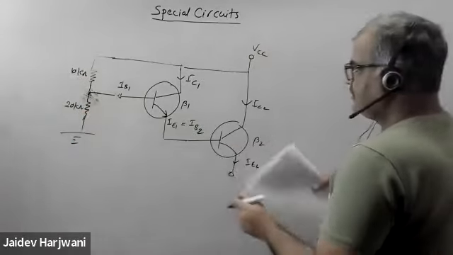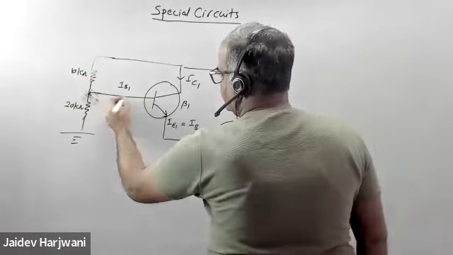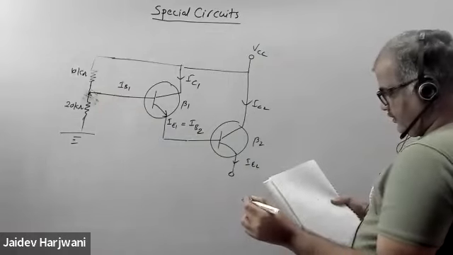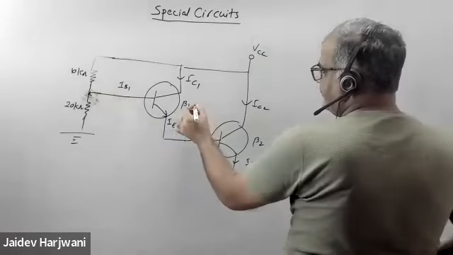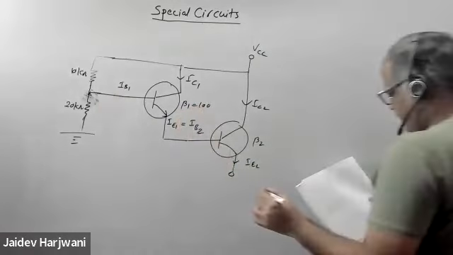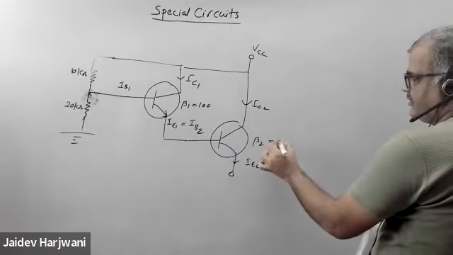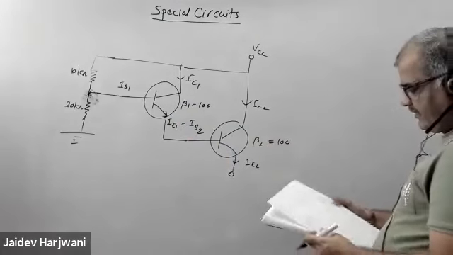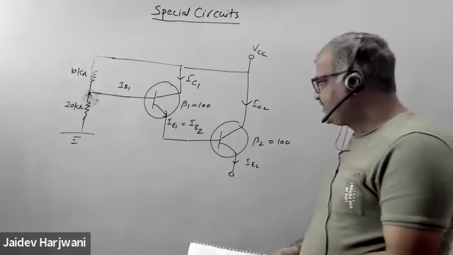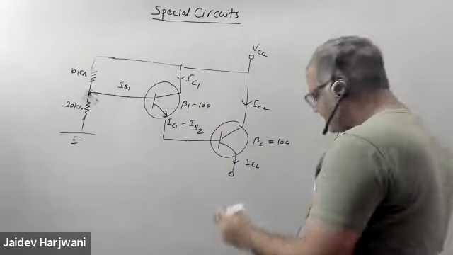Okay, so in the question, beta 1 is given as 100, and beta 2 value is also given as 100. Beta 1 and beta 2 may be the same or they may be different. They may be dissimilar transistors also.